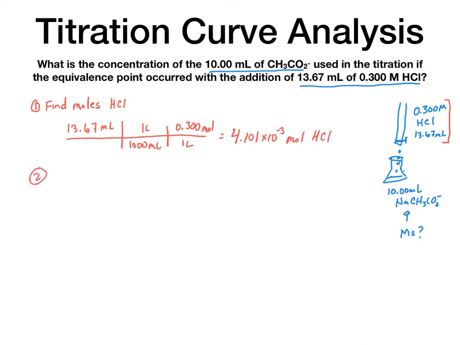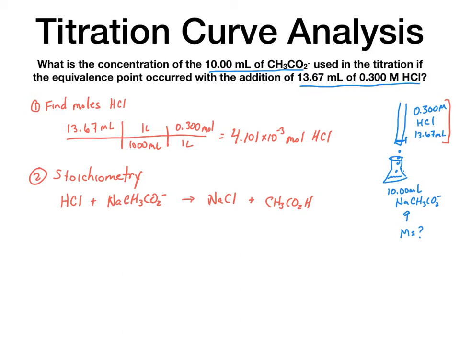Now, we're doing a titration, and so the second step is that we have to do stoichiometry. Titrations are reactions. For all reactions, we have to do stoichiometry. The reaction we are working with is HCl plus sodium acetate goes to form NaCl plus acetic acid.